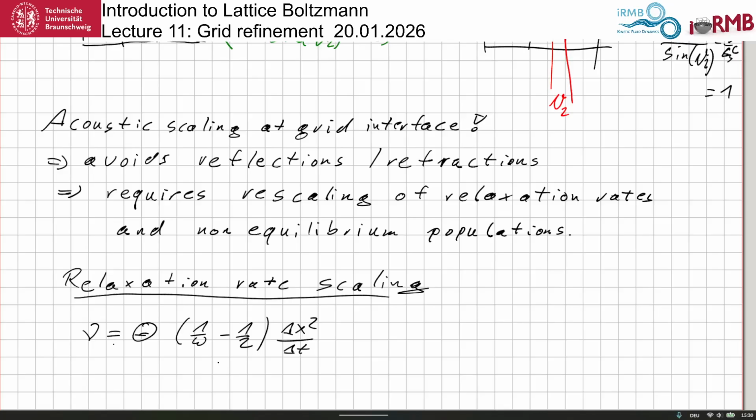So this is your kinematic viscosity, which means that theta, say this is the omega for the coarse simulation, 1/omega coarse minus 1/2, times delta x coarse squared divided by delta t coarse, is supposed to be the same as theta times 1/omega fine minus 1/2, times delta x fine squared divided by delta t fine.